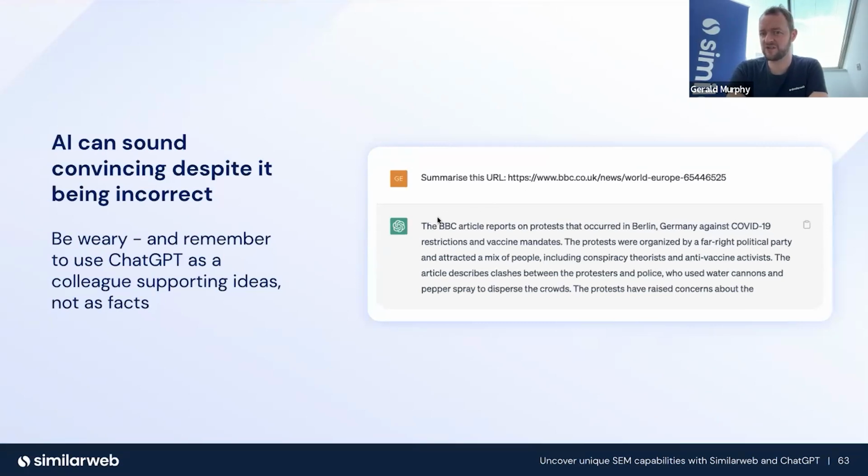So in this case, it starts to say that this particular URL is talking about Berlin in Germany, about COVID-19. When in fact, this actual article is on Russia's invasion of Ukraine. It's completely different. And actually, the response that it gives is massively convincing that this article is about Germany and COVID. It's not like that at all. So always be having that cautious mindset in the background.